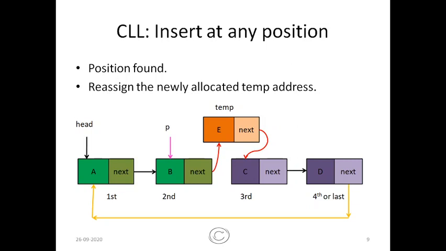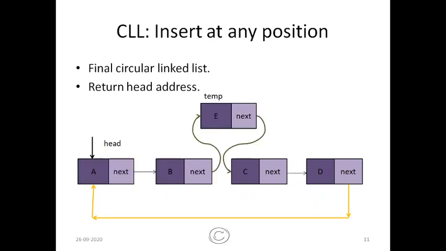We have already reached P, so P's next is C. And the temp address you already have, and it is simply assigned as P's next. So now this node is inserted after B. Similarly we can change the next address. Then finally we have the circular linked list, and you simply return the header address.